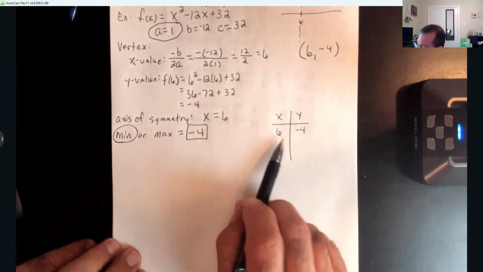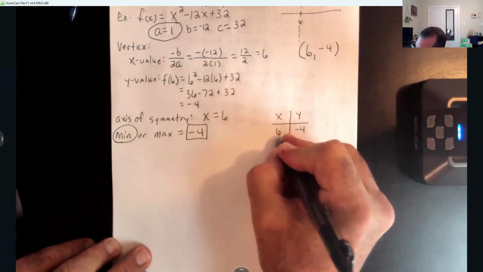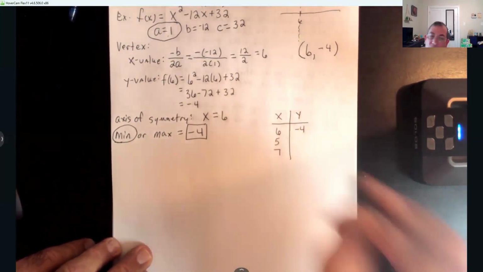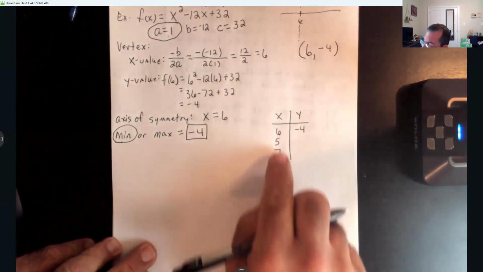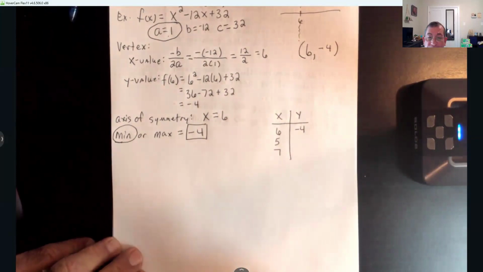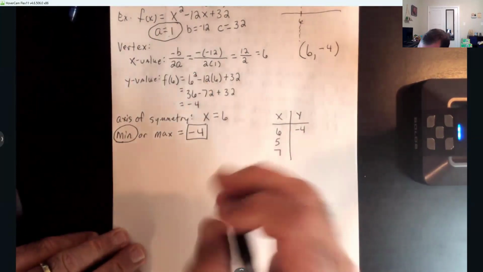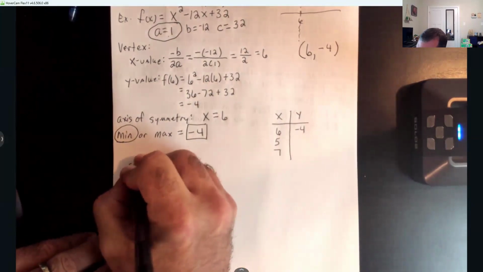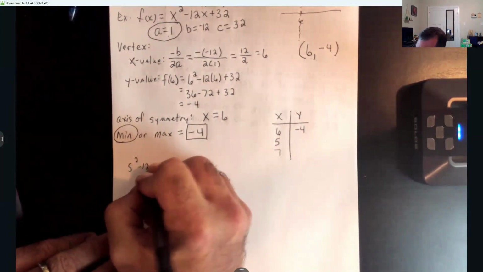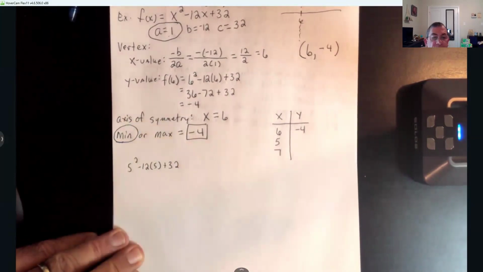Since my x value is 6 here, I'm going to do one on the left side and a point on the right side. I'm just going to get points right around my vertex so that when I graph it, it's easier, okay? So first I would put a 5 into my function. That would give me 5 squared minus 12 times 5 plus 32.